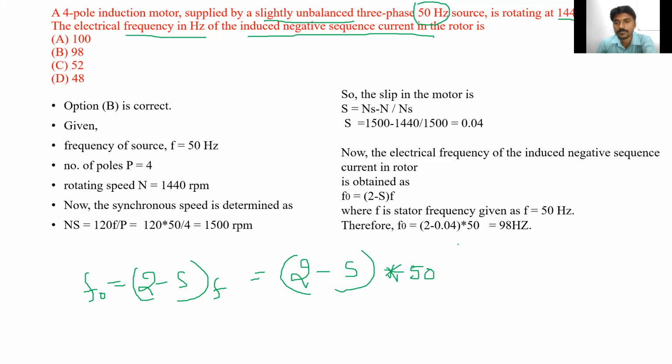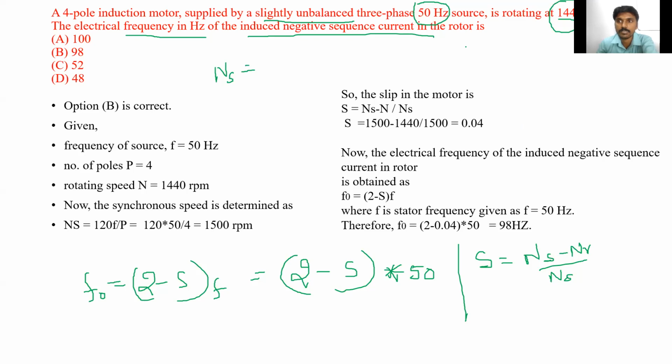S is equal to (Ns minus Nr) upon Ns. We don't know the value of Ns, but we know Nr because he has given the 1440 rpm motor speed, or rotor speed.